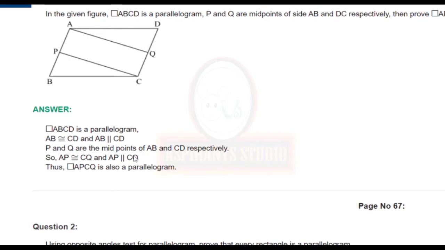P and Q are midpoints of AB and CD respectively is the reason for this. So you need not write any reason for this, right? Thus, quadrilateral APCQ is a parallelogram. Within brackets you write by the test for parallelogram. What is the test? A quadrilateral is a parallelogram if a pair of its opposite sides is parallel and congruent.